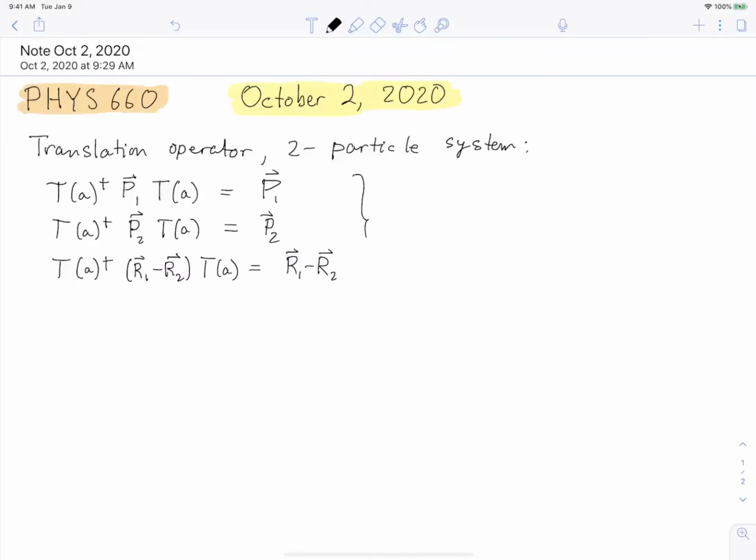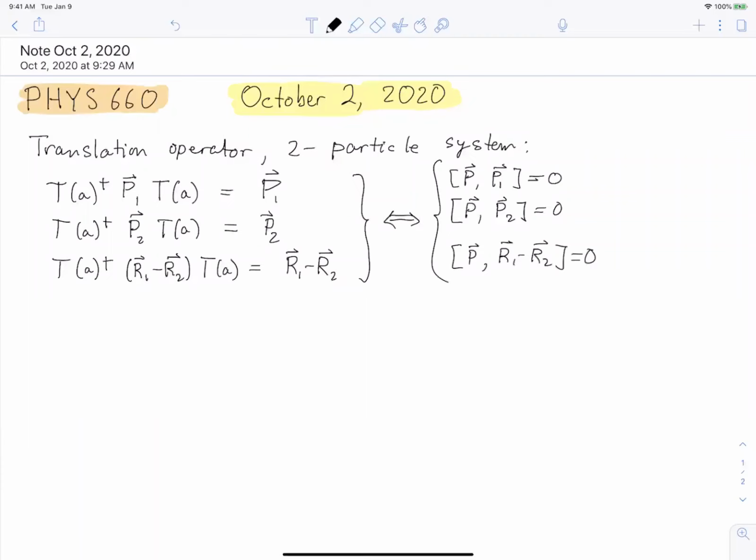In any case, those three statements are equivalent to the statements that the total momentum commutator with each of the individual momenta is 0. This is the infinitesimal version of the left-hand side, or the left set of equations. So all those things commute.